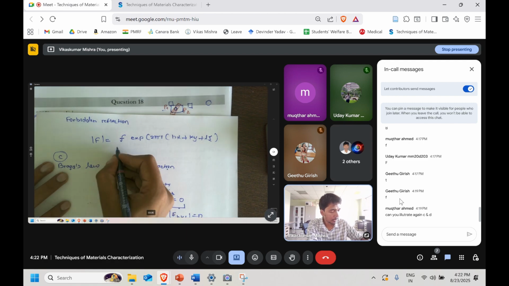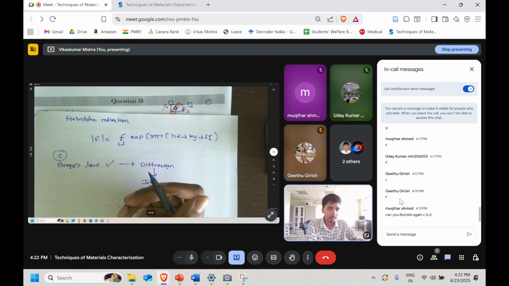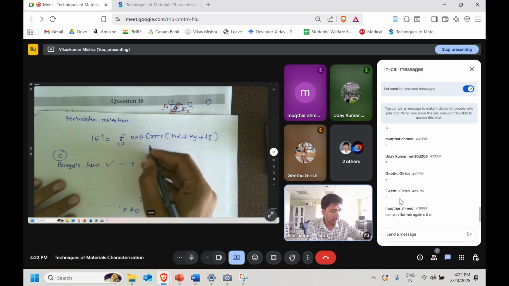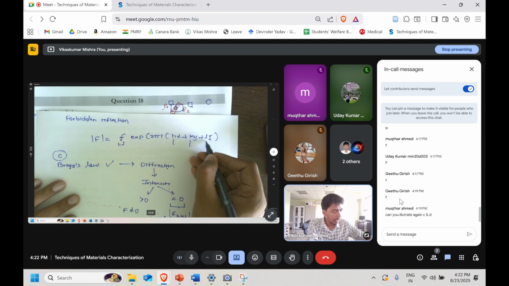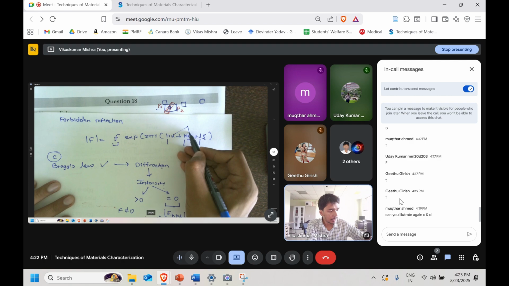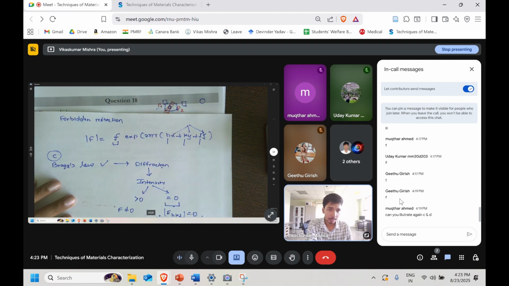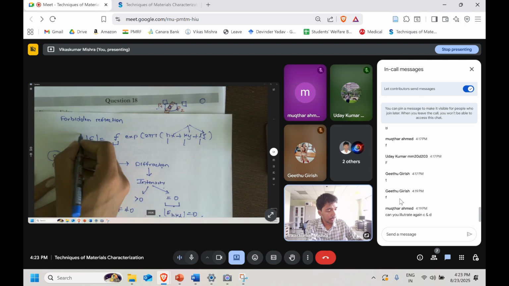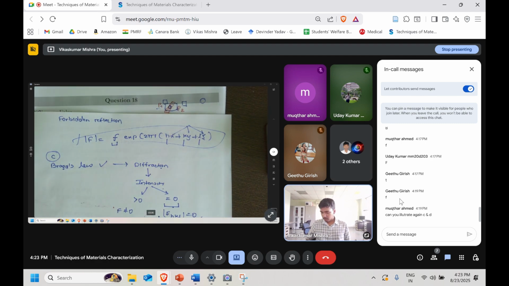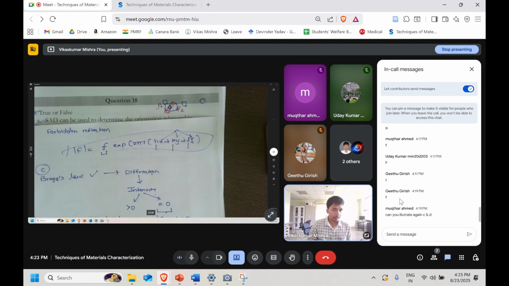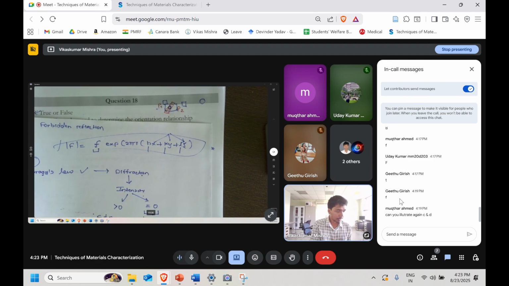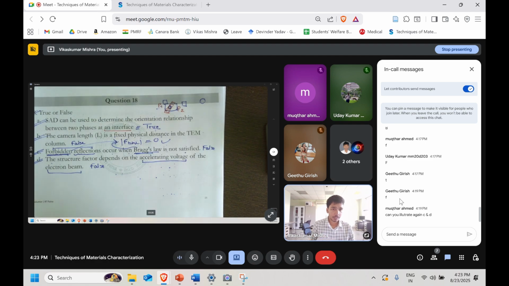In this entire term, this is the atomic scattering factor, it's the same. H, K, L are the plane, and x, y and z are the positions of the lattice points. So in this entire term, we are not talking about the energy or the accelerating voltage of the electron beam.